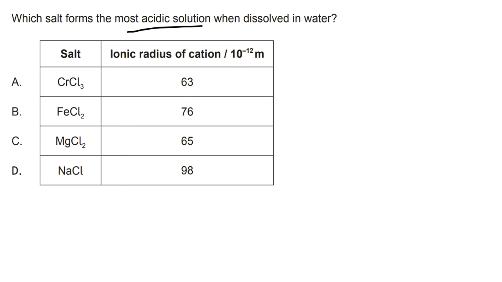Maybe it's the smallest ionic radius. I might pick A because it's the smallest ionic radius. NaCl doesn't have that much dissociation, so it's not going to be that. I'm just going to go with smallest ionic radius because I don't see any other reason why this is given as an option. This is a bit of a guess though.